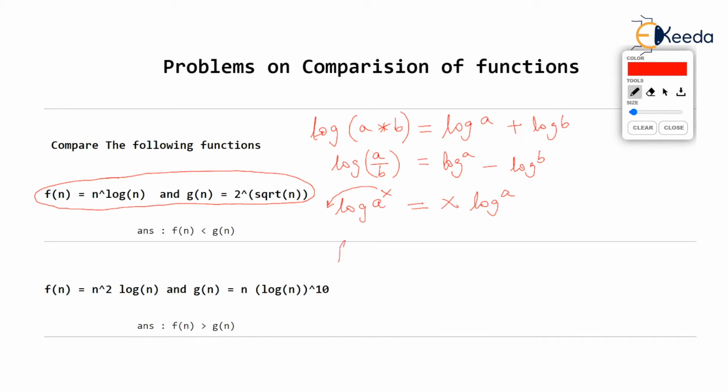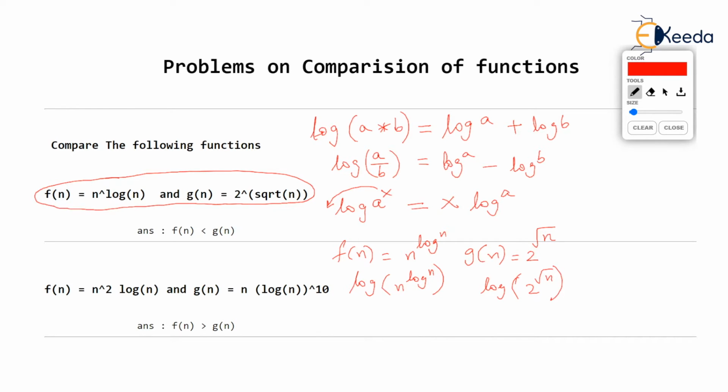So let's take these two functions. What we are given is f(n) is n raised to log n, with log to the base 2 obviously, and g(n) is 2 raised to square root of n. Now taking log on both sides, we will get log of n raised to log n, and on the right hand side, log of 2 raised to square root of n.